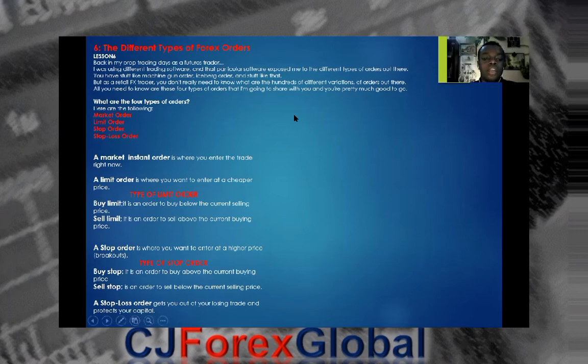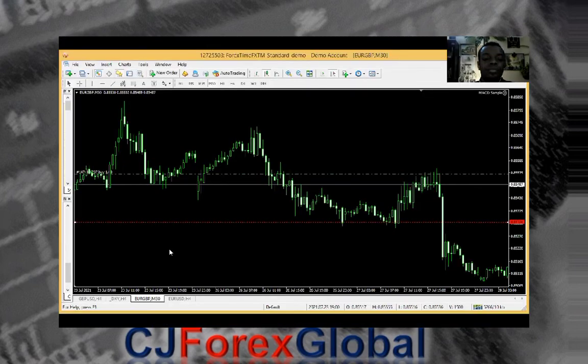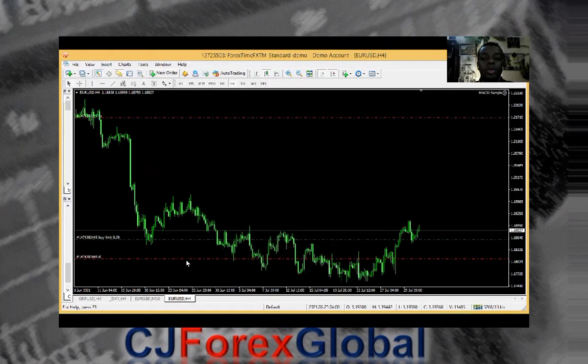Now on this chart, this is called instant execution or instant order. You are placing an order to buy immediately. Look, I saw that this market is buying. So what did I do? I did not calculate anything.